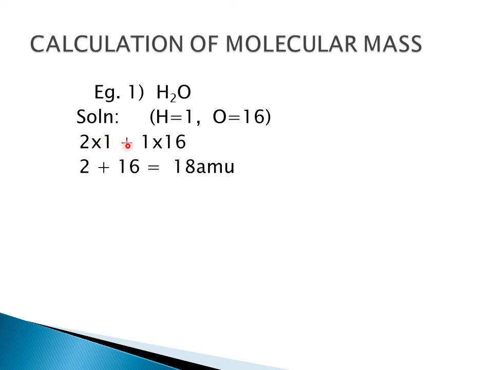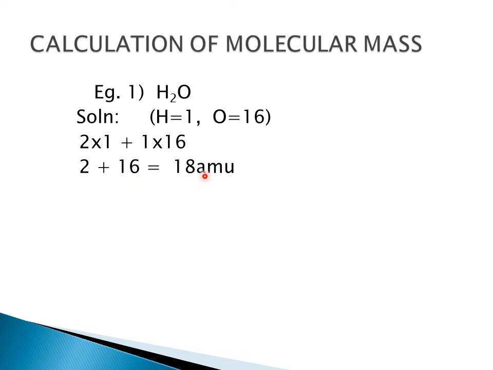Then plus. I told you molecular mass is equal to the sum total of atomic masses. So next, how many atoms are there in oxygen? One atom of oxygen. Therefore I put it here 1. 1 into, what is the atomic mass of oxygen? 16. Therefore 1 into 16. So 2 into 1, 2. 1 into 16, 16. Therefore 2 plus 16 equal to 18.